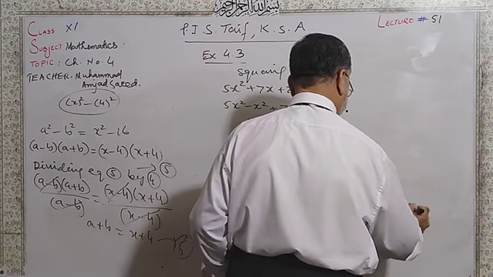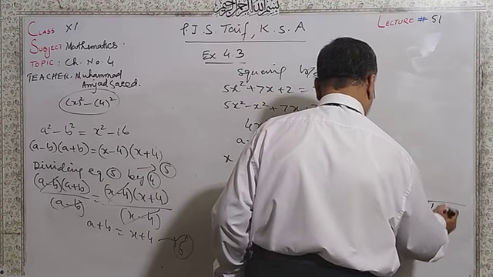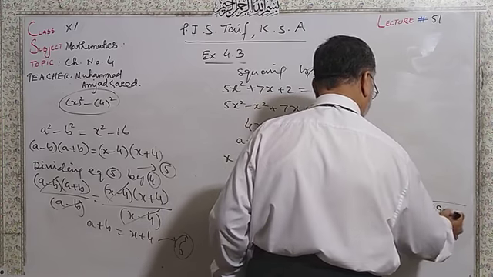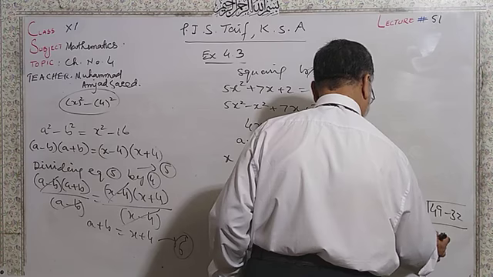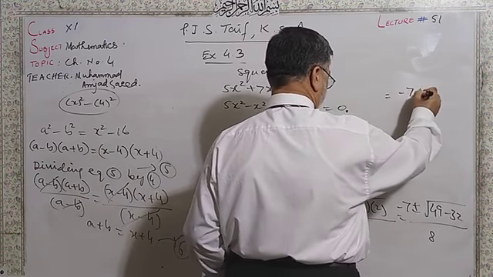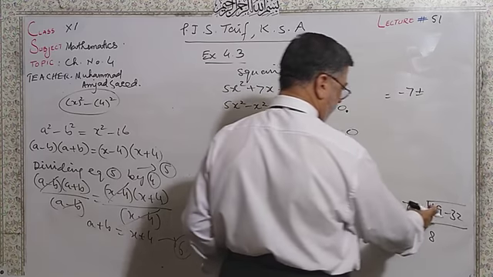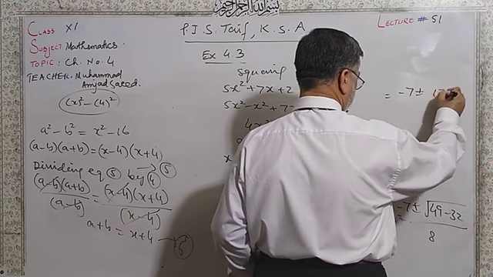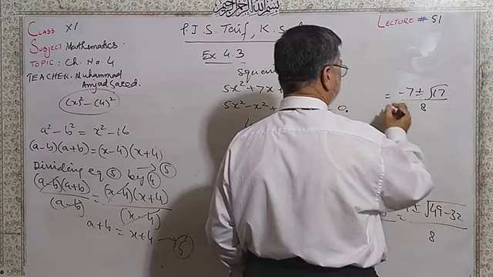We have minus 7 plus minus the square root of 49 minus 32 over 8. Remember that 49 minus 32 is 17, so it is the square root of 17 over 8.